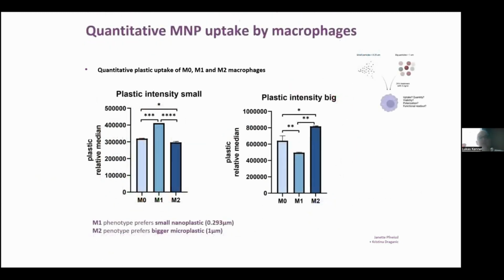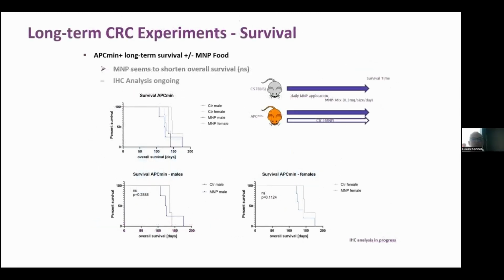But obviously the quantitative uptake by the macrophages is different for small and big particles. The M1 macrophages take up smaller particles, the M2 macrophages the larger particles, and I think that's also interesting.